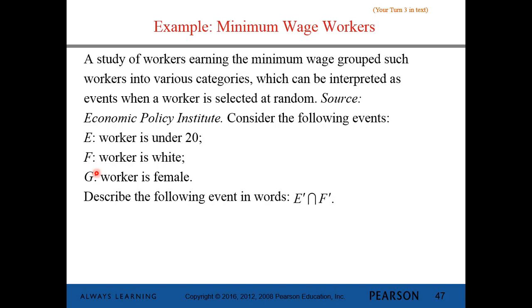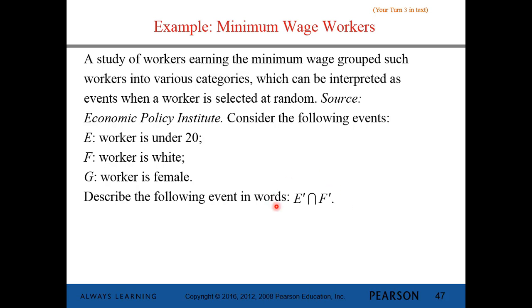Now the Economic Policy Institute, so this is the source of the data, says consider the following events. E is that the worker is under 20. F is that the worker is white. G is that the worker is female. Describe the following event in words. So what does this mean?